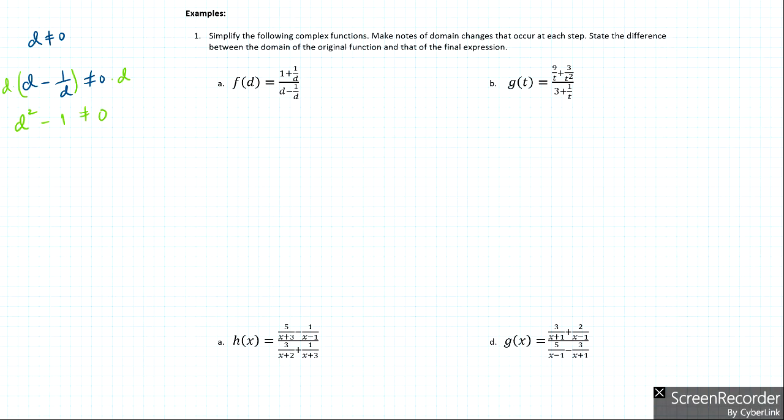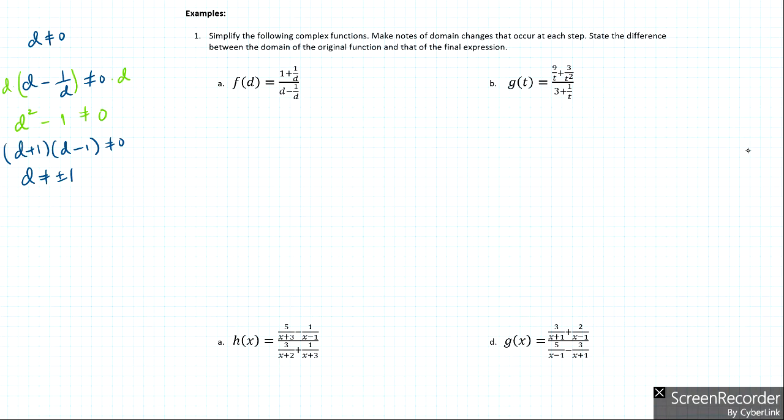Once we get to this form, you can use either the factoring process or the square root property to solve this. We can see d plus 1, d minus 1 doesn't equal 0, so d doesn't equal plus or minus 1.